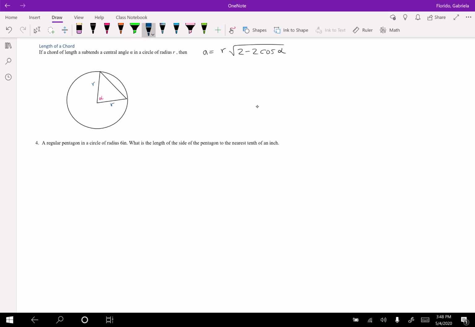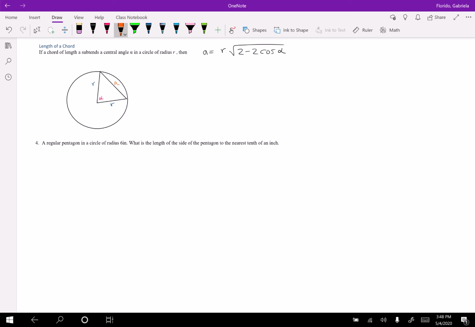And since the central angle is alpha, that means that this length here, the length of the chord, is going to be little a. And so that's what this formula is talking about. It's finding the length of the chord, which here in the formula says that little a is equal to r, the square root of 2 minus 2 cosine of alpha.